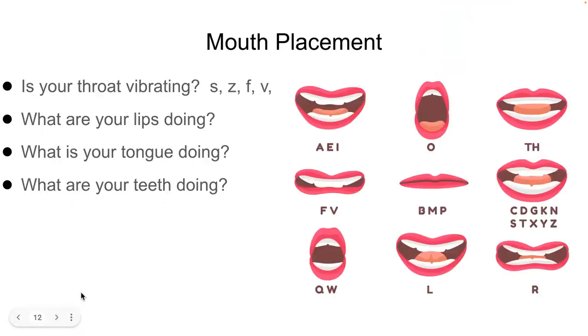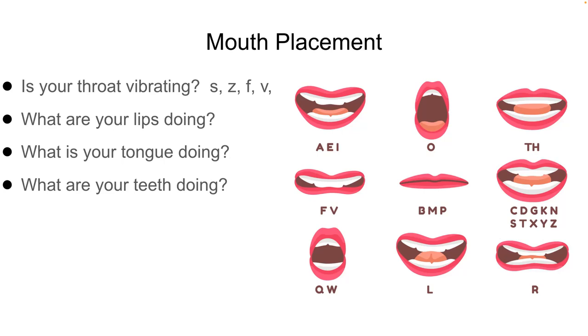So mouth placement, some things we talk about. If you look at the illustration here, you can see how the shape, the position of our lips and tongue and teeth change for different sounds. And there's also our throat is involved.